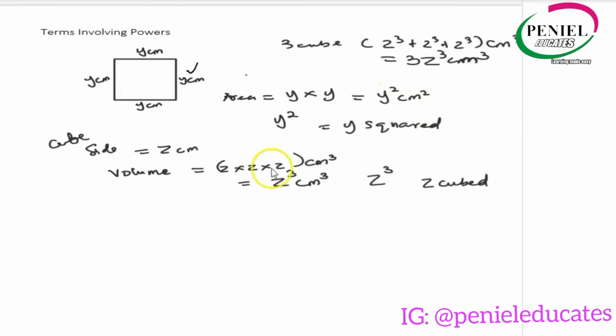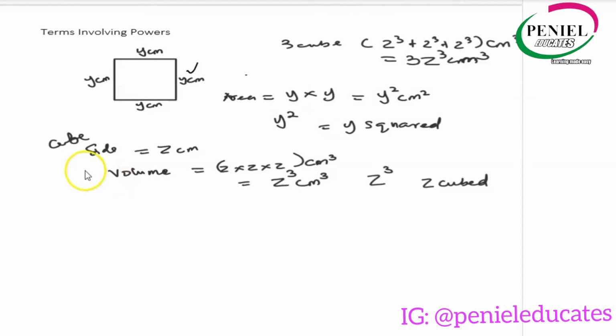So y squared is read as y squared, or you say y raised to power 2. That means you have two y's.